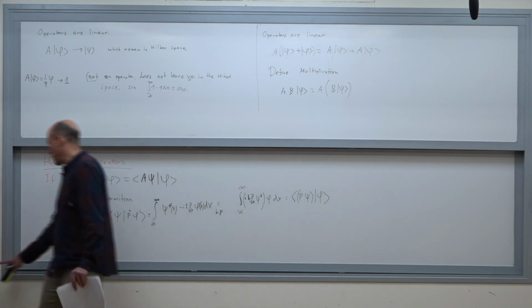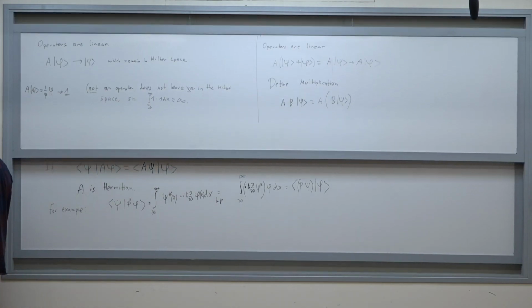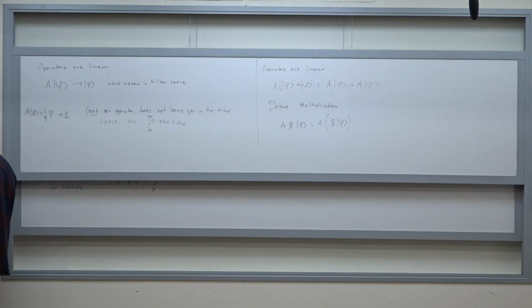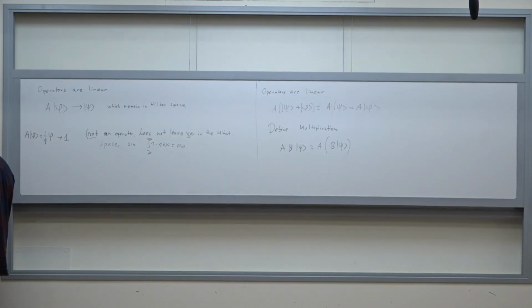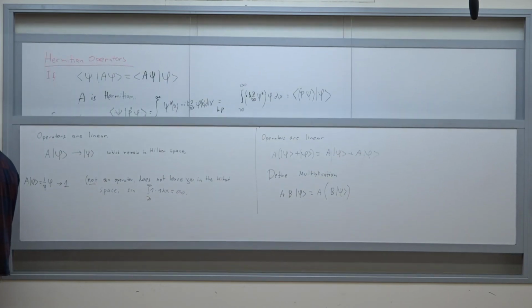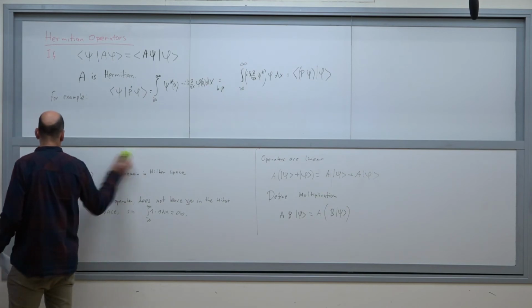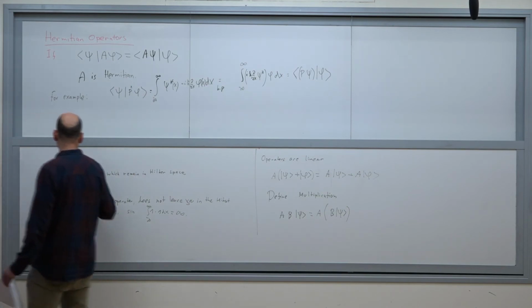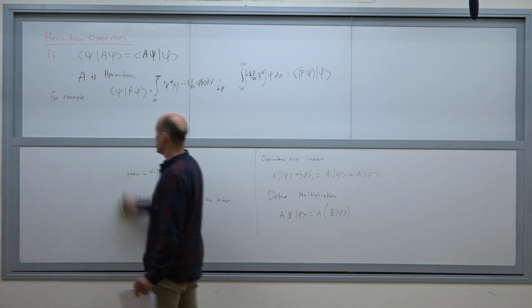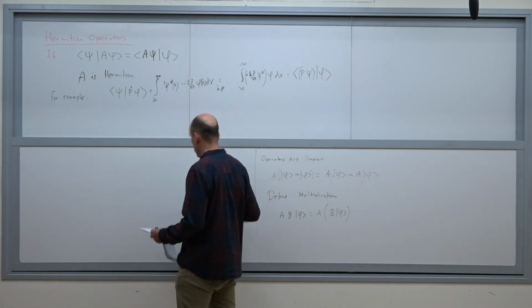Now we can define, every operator A has itself an adjoint operator, sometimes called the Hermitian adjoint.